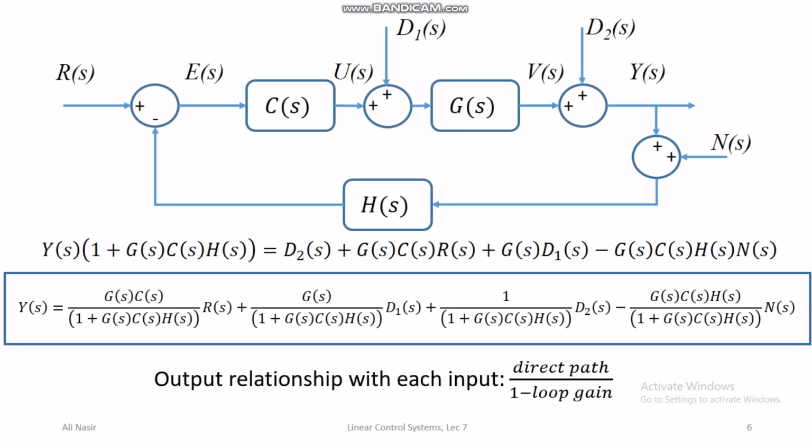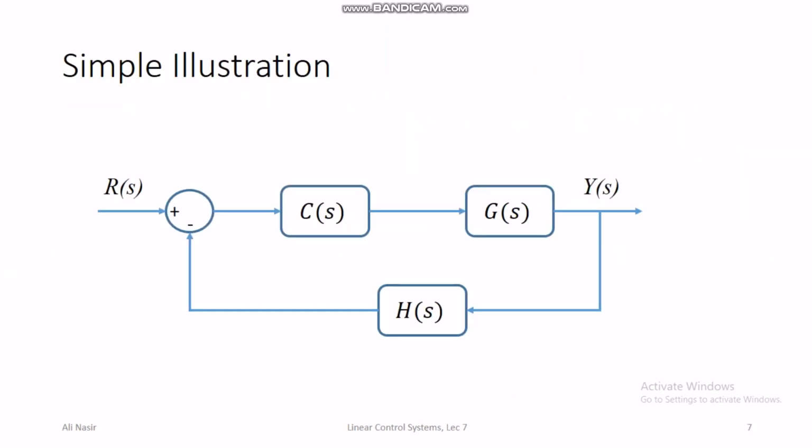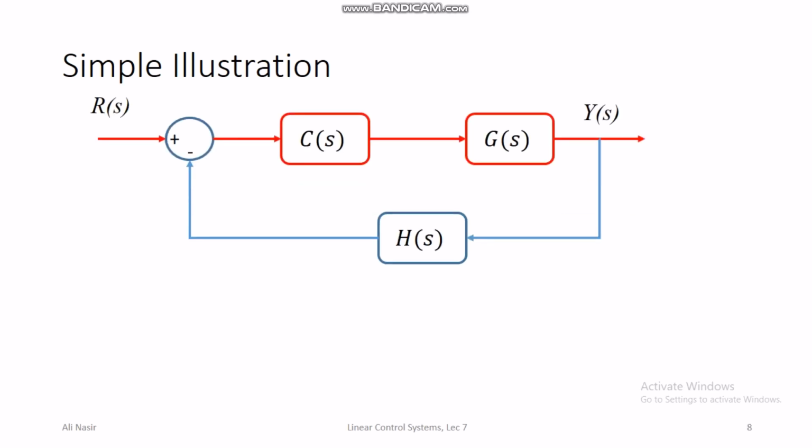So let me illustrate this idea of direct path over 1 minus loop gain through a simple example. Look at this simple block diagram where we have just one input r of s and one output y of s. The direct path between r of s and y of s involves two blocks, c of s and g of s.